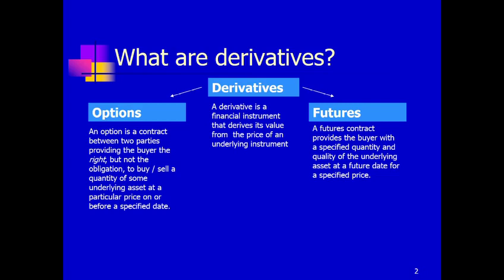But the reason why this course, and many people, if you go to a university, focus on options and futures is because these are the two most heavily traded in an exchange. Swaps actually have a very large transaction volume, but they are primarily over-the-counter. What does over-the-counter mean? Can someone remind me? That's right, they're not traded in an exchange.